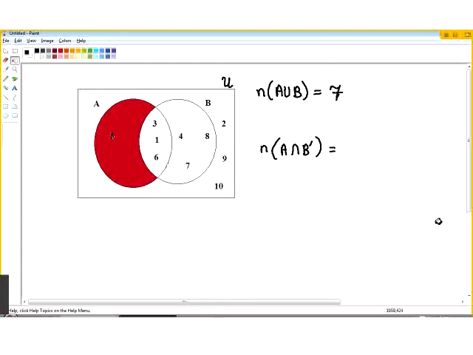So my answer for this is going to be not 5 but 1. Making sure you understand, it's not going to be 5, it's not the element after the number of elements, and the answer is going to be 1. Outside of B and inside of A at the same time. Only one element satisfies that. Alright? Okay.